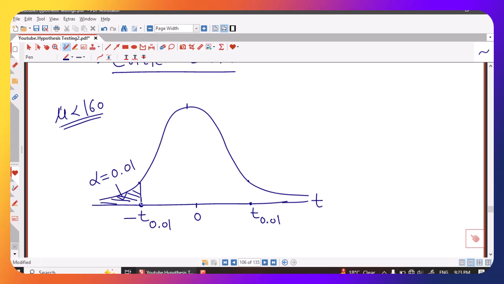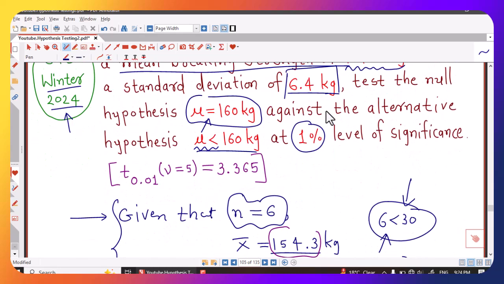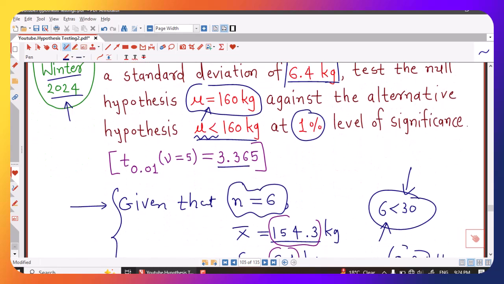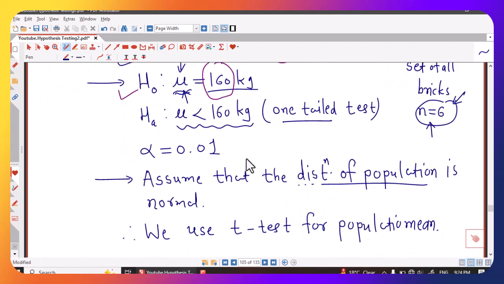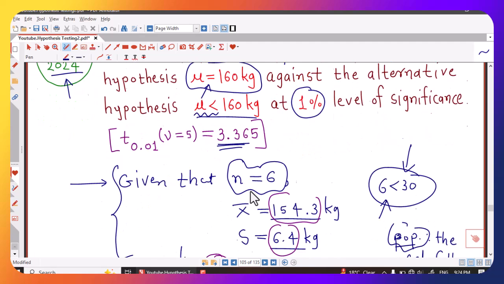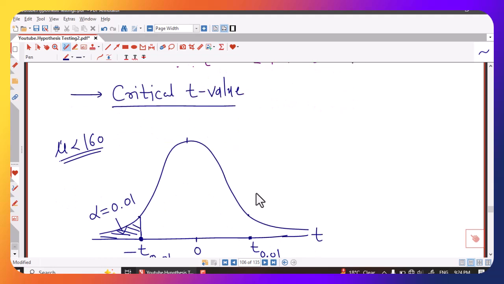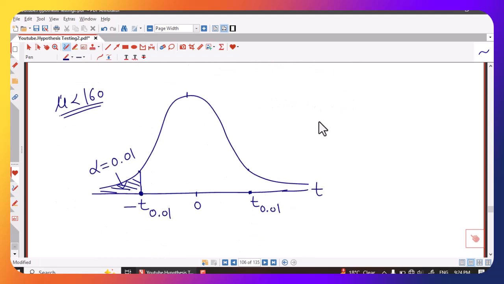Now to determine this value we will require the t distribution table. They have given the critical value here, but we will also use the t distribution table and verify this t value. Whenever we are using the t distribution table we require degrees of freedom, which is equal to sample size minus 1.